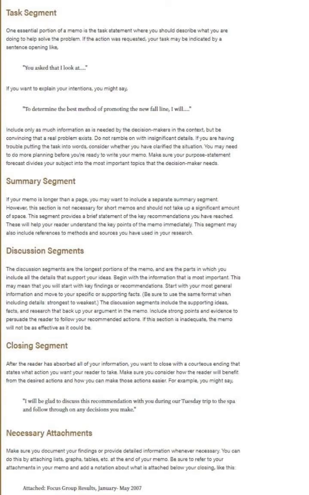One essential portion of a memo is the task statement, where you should describe what you are doing to help solve the problem.